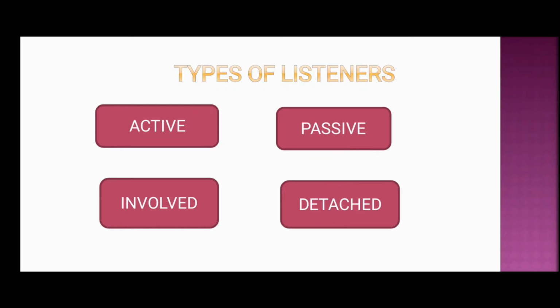I repeat, how many types of listeners are there? Yes, there are 4 types of listeners. They are active listeners, passive listeners, involved listeners, and detached listeners. Okay, now let us learn each one in detail. So let's go to the first one. What is the first one?